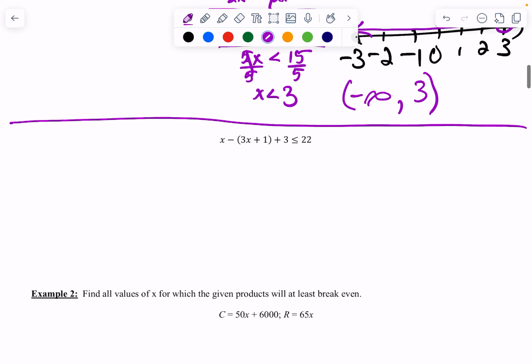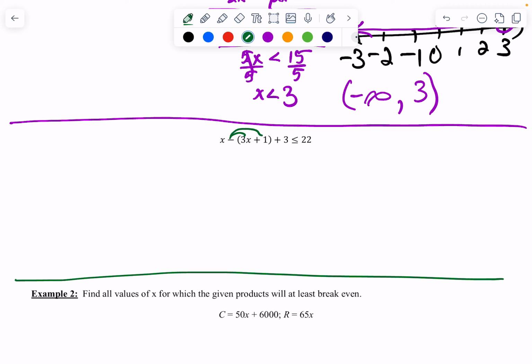Okay, next one. We have a little bit more to solve here. We need to first distribute the negative. So this is the same thing as negative 1 times the quantity 3x plus 1, plus x, plus 3 is less than or equal to 22.